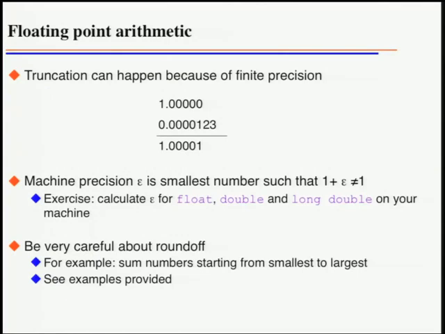A word of caution, floating point arithmetic always has truncation errors because you always only have a finite precision. So especially if you have numbers on very different scales, then you will have huge truncation errors or round-off errors.